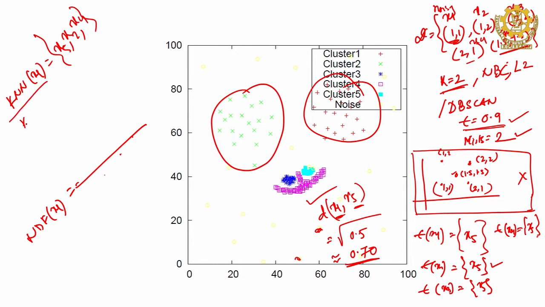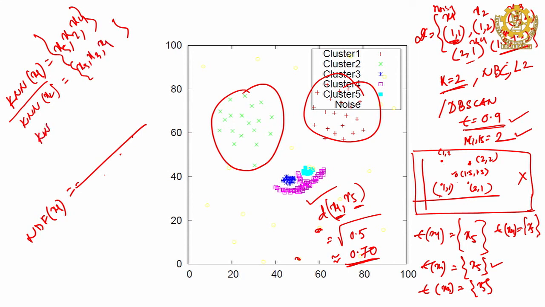Similarly, you find the KNN of x2. (1,2) is here. So, this will be (2,2) and (1,1), so this will be x5, (2,2) is x3. So, x5, x3 and x1.